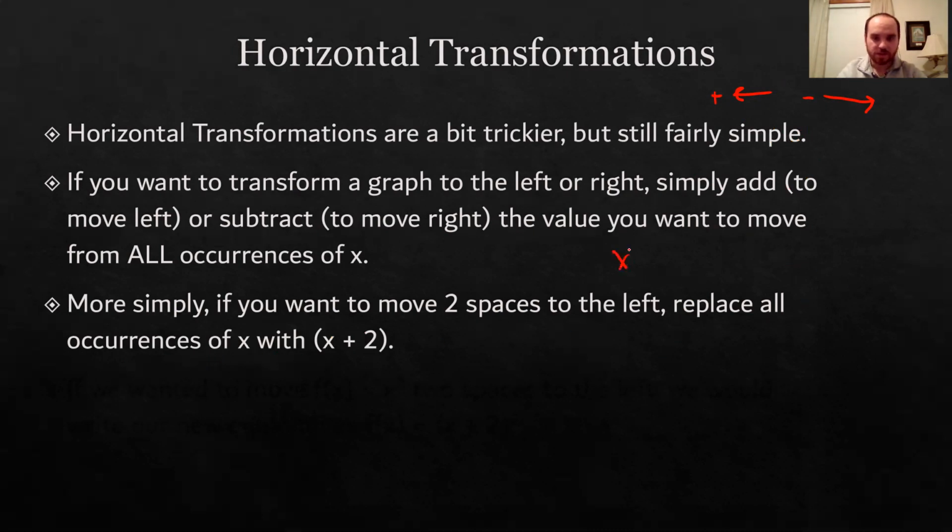If we had x squared plus 2x plus 3, we would write x plus 2 squared plus 2 times x plus 2, plus 3. So you're just replacing x with x plus a number if you want to move it left, and x minus a number if you want to move it right.